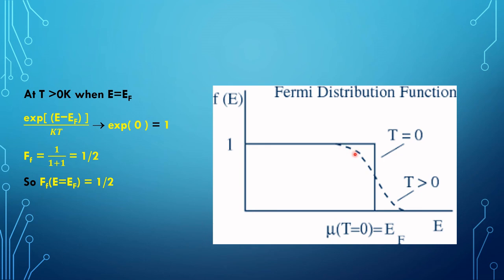So this is the Fermi distribution function. Okay. So in this way, mathematically we can understand the Fermi distribution function at absolute temperature or at temperature greater than 0 Kelvin. Okay. I hope you understand.